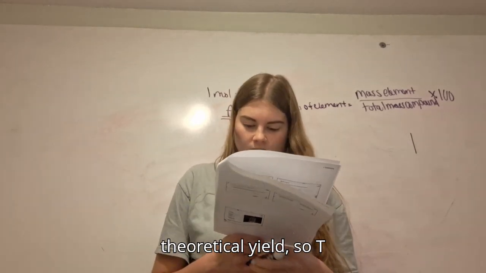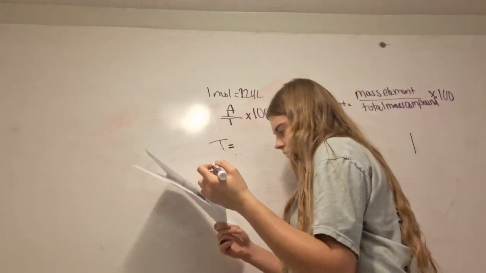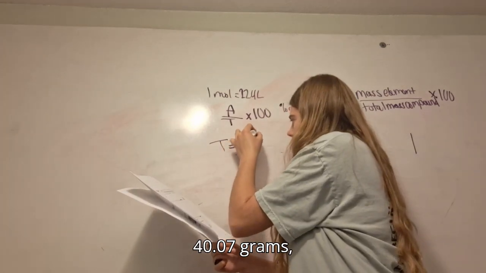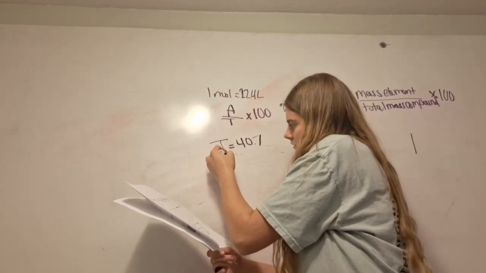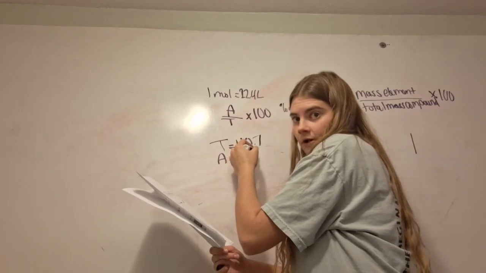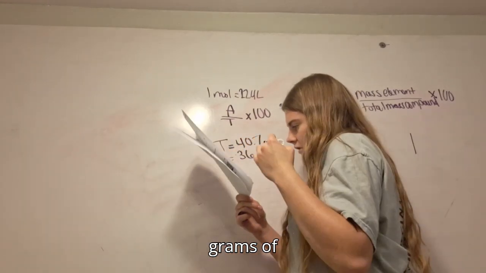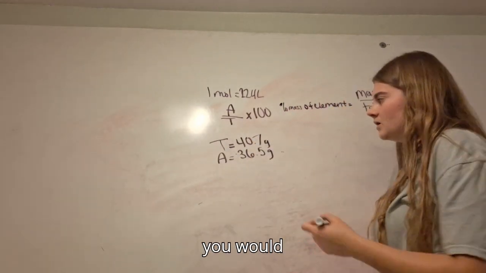The theoretical yield, T, equals 40.07 grams, but the actual yield equals 36.5 grams of magnesium nitride.